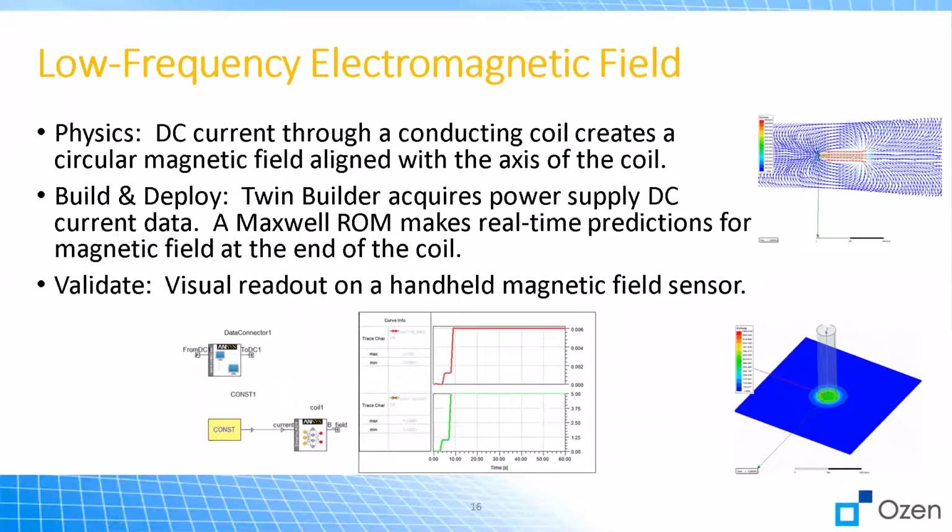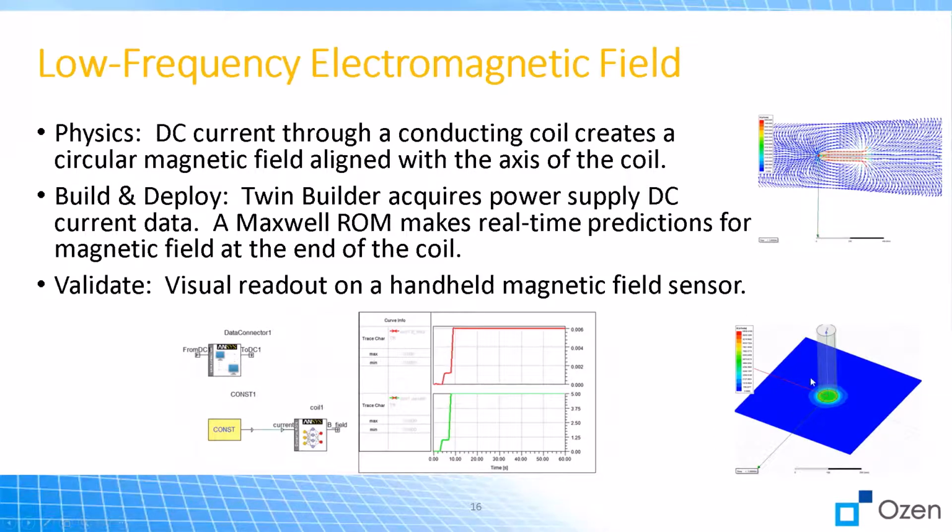Okay, another demo. It's a low frequency electromagnetic field that's created by my colleagues Stephen Liu and Daniel Ismaili. Basically, we have a coil that will provide a DC current through this coil and get a magnetic field aligned with the axis of the coil. Here's the coil. This is a simulation created using Maxwell.